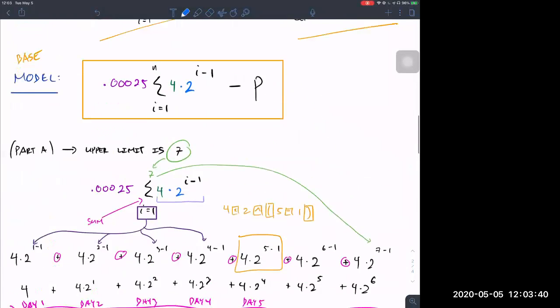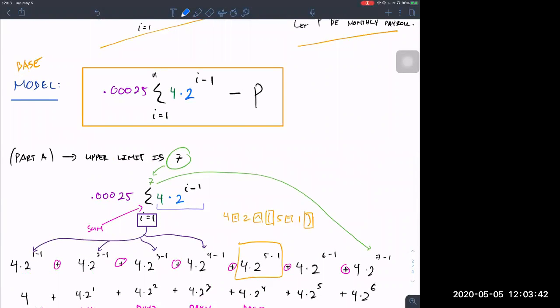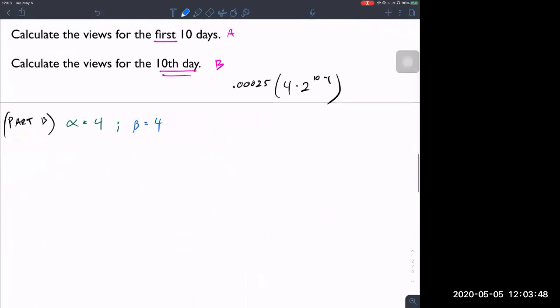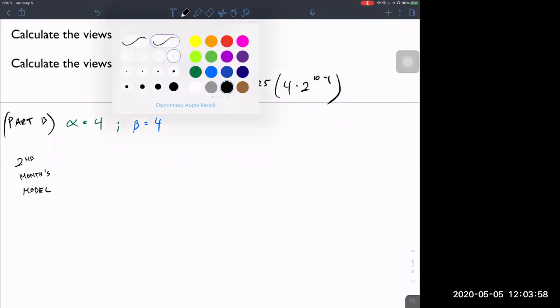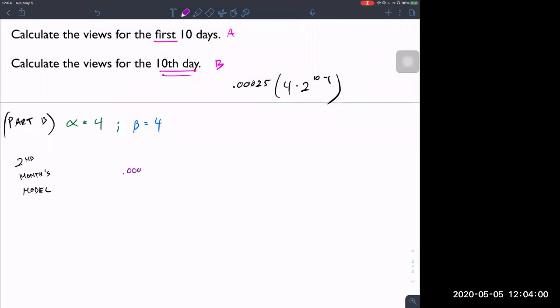So that means when you look at your base model, which is this, in the orange rectangle, the number 2 has also changed to the number 4. Second month's model, which is 0.00025.